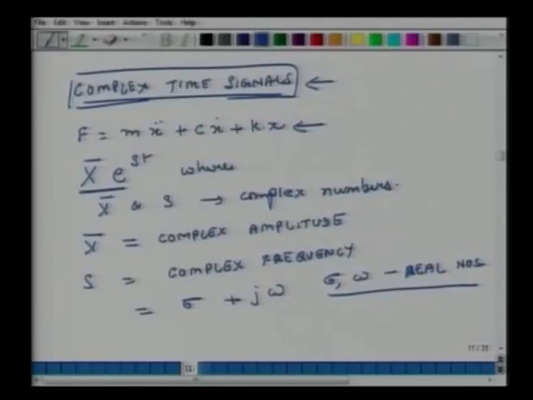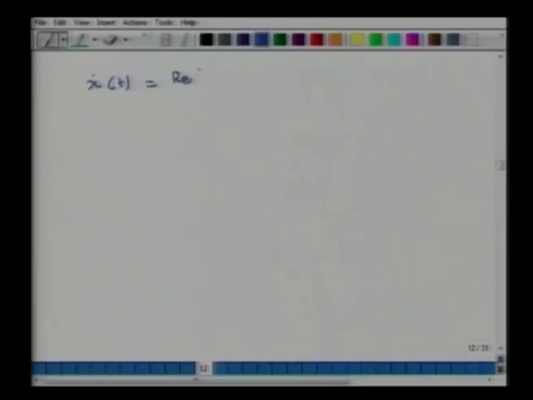So sigma and omega are real numbers, but s itself could be a complex thing. So if I have this kind of a representation, my velocity will be the real component of s x bar e^(st). Basically what I have done is differentiated the displacement, and then I take its real component, that is my velocity, which I can physically measure.